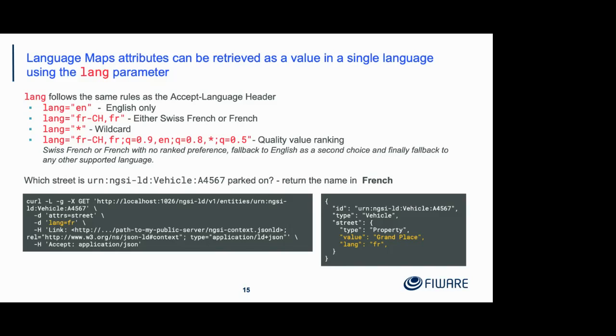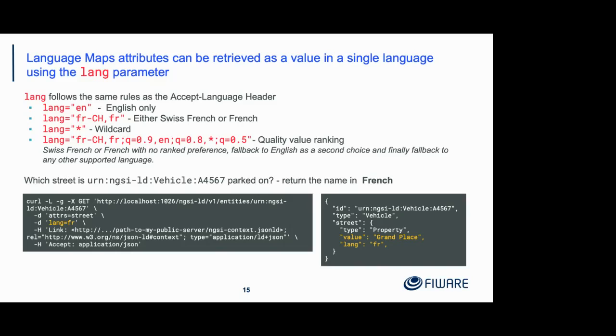This is great for multilingual systems, because language property, typically static value, you don't have any problem returning multiple languages. How do you define lang?